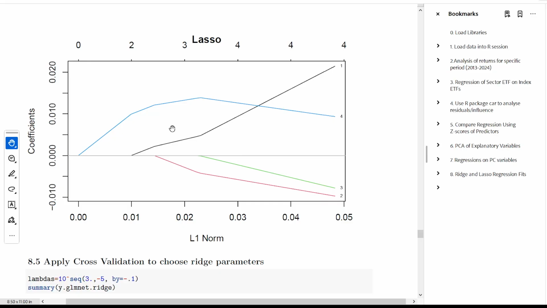And this shows how the third variable is the first to be excluded, then the second, and then finally the fourth.